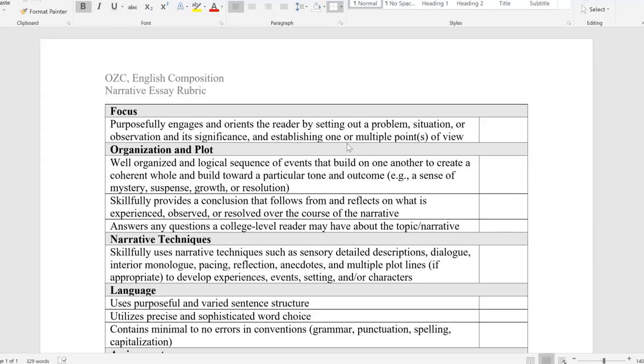All right, organization and plot. It says well-organized and logical sequence of events that build on one another to create a coherent whole and build toward a particular tone and outcome. So because these are narratives, the most logical sequence is chronological. Now, the only exception to that is the in medias res that I have talked to you about, how you can begin the essay in one spot and then go back and then tell it in chronological order.